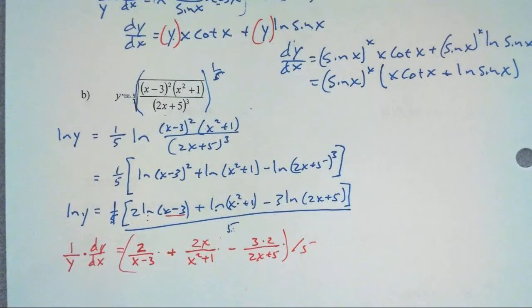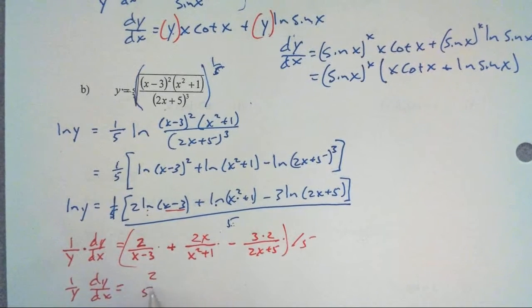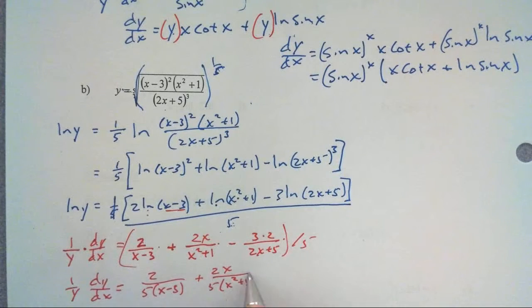All right, what should we clean up here? Maybe I'll just introduce those 5's into my denominators. So we've still got 1 on y, dy dx, is just a little cleaning up here. 2 on 5(x minus 3) plus 2x on 5 times (x squared plus 1) minus 6 on 5 times (2x plus 5).